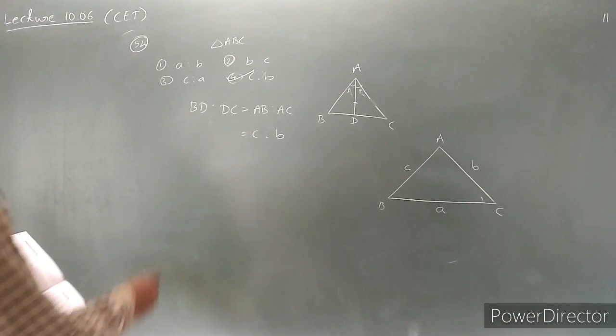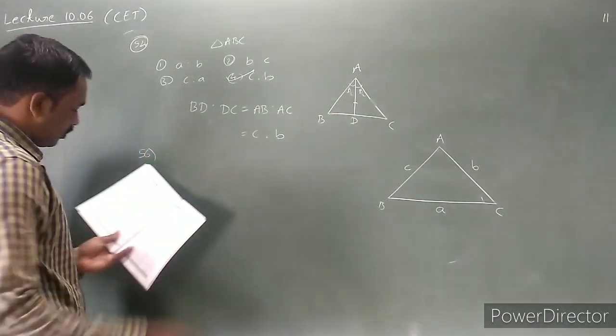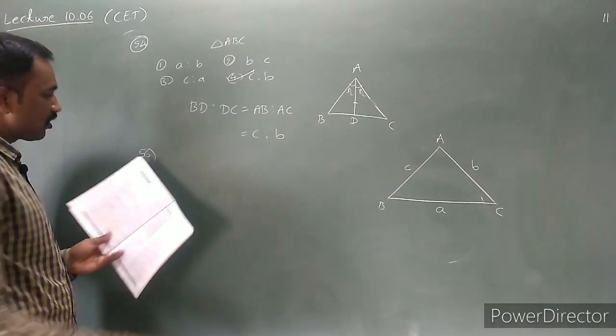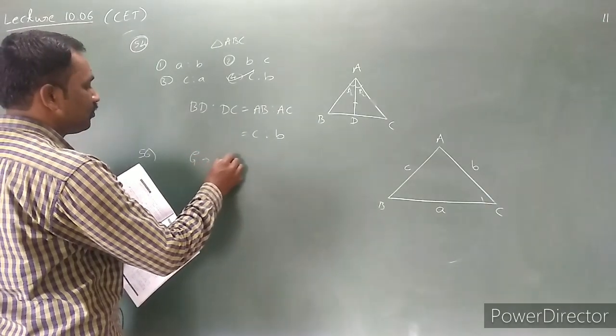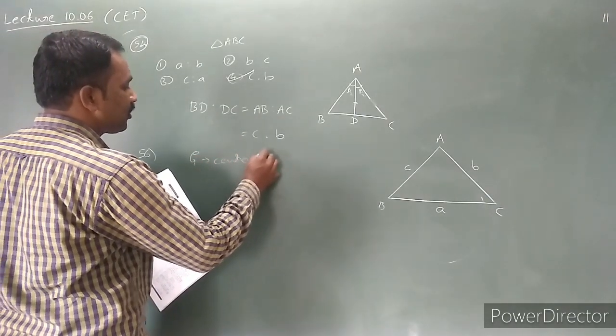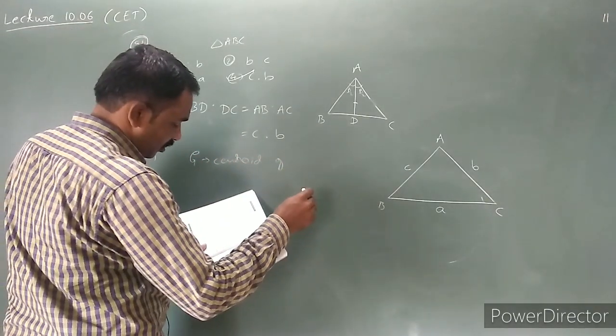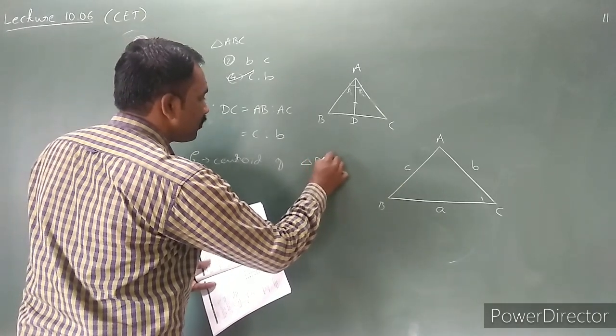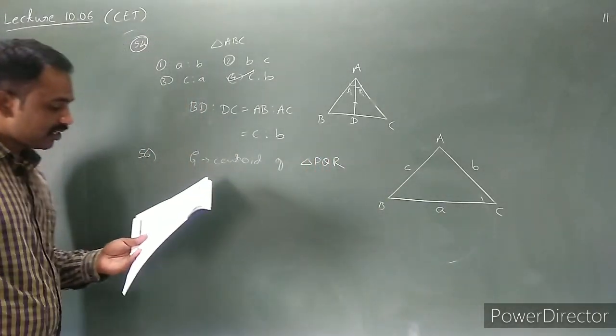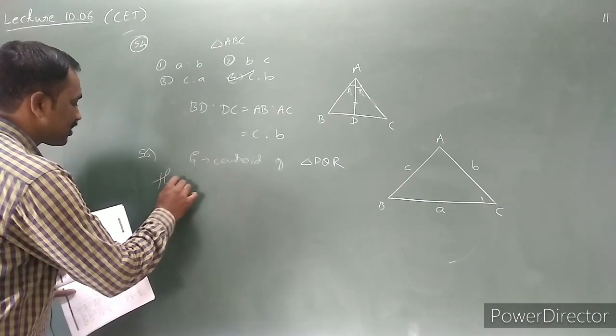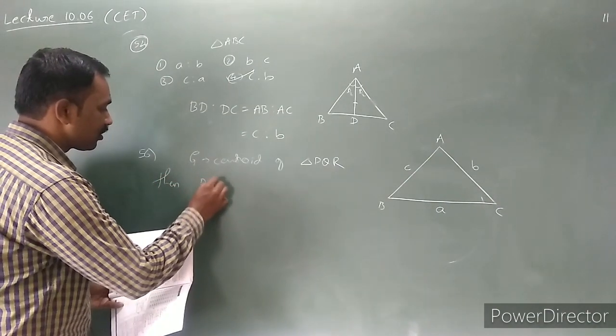Next one, 56. If G is the centroid of the triangle PQR, they have given one expression. What is the expression?